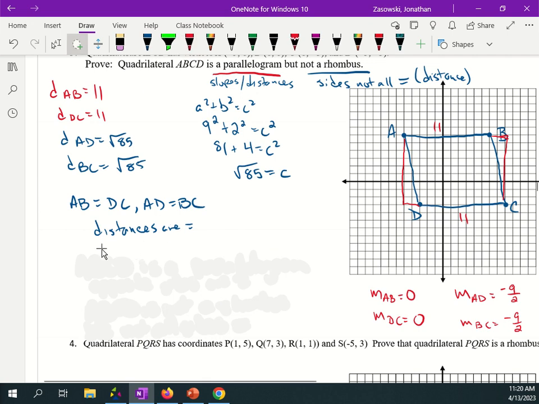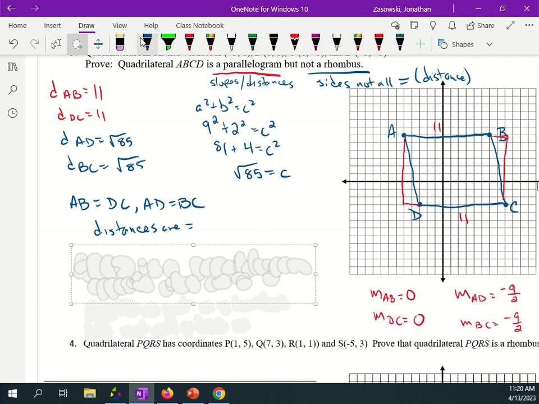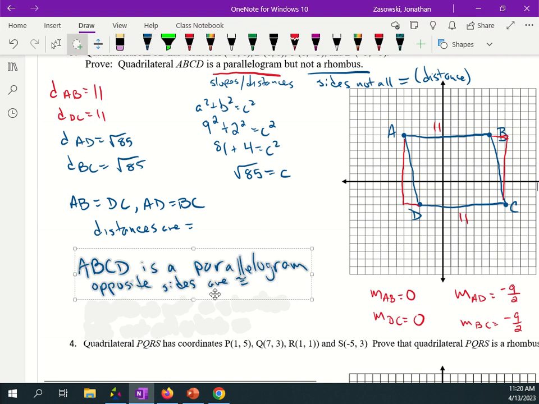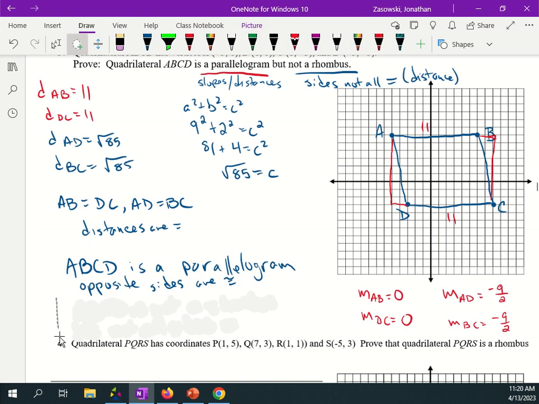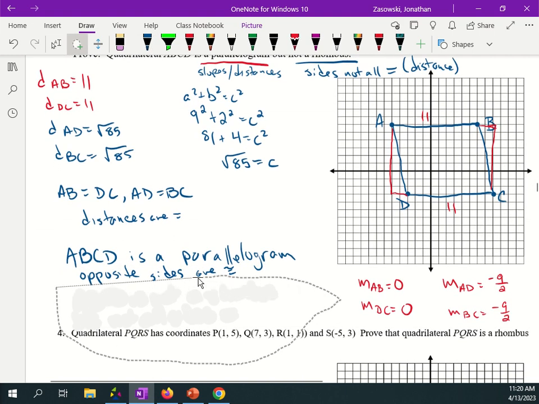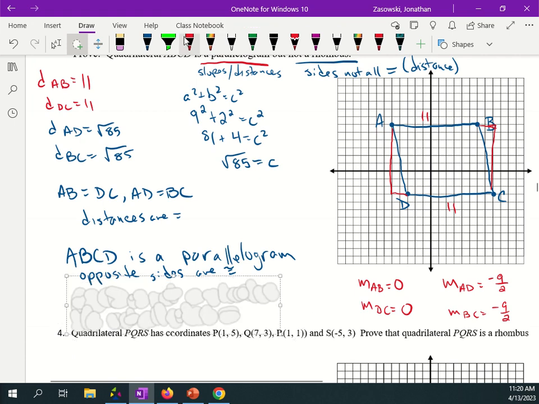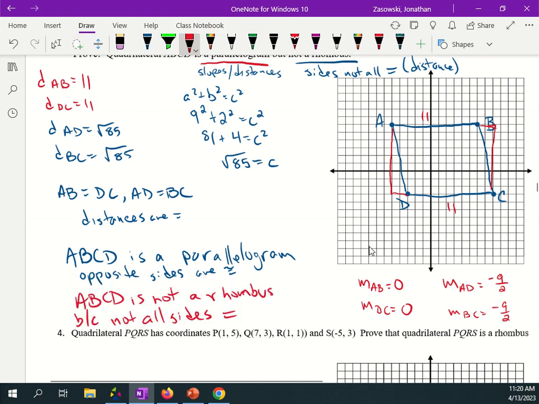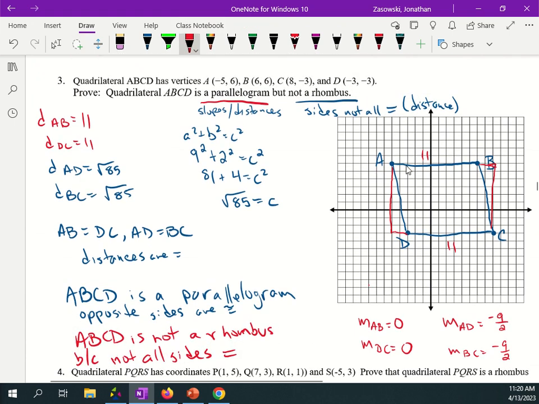So you should have 2 statements, or one big statement combined together. One of them saying that it's a parallelogram because your opposite sides are congruent, or parallel if you use the slopes. Just make sure it's appropriate. And then the other being the fact that it's not a rhombus because not all sides are equal. By the way, you could have done the slopes for the diagonals and shown that they're not perpendicular as well. Questions? So do your thing, whatever you need here.